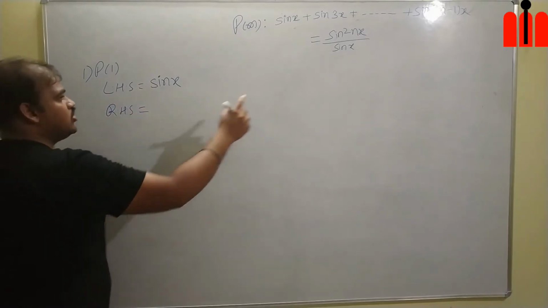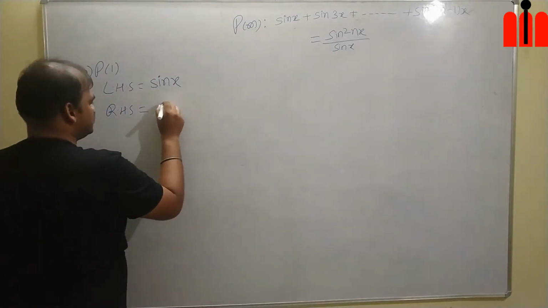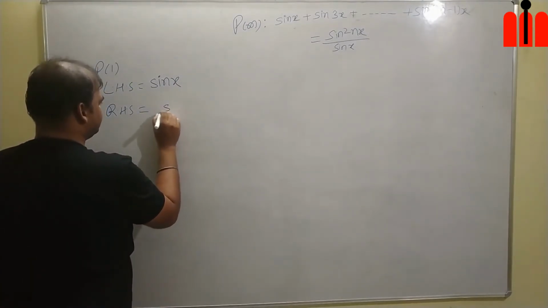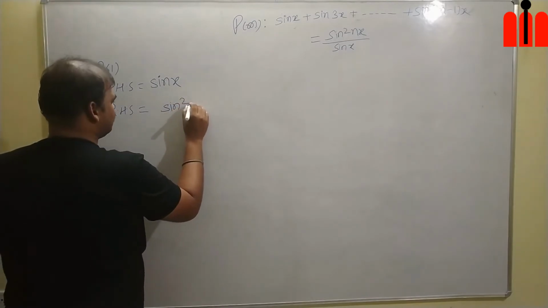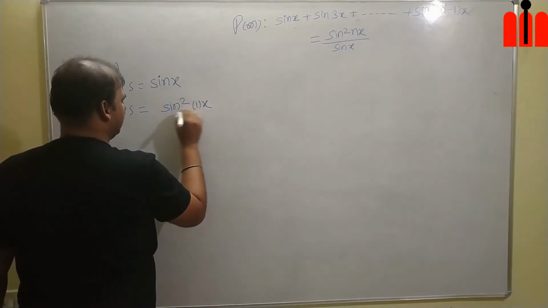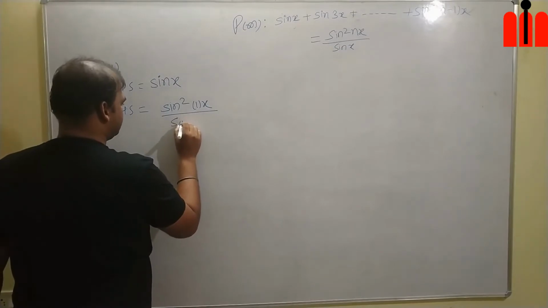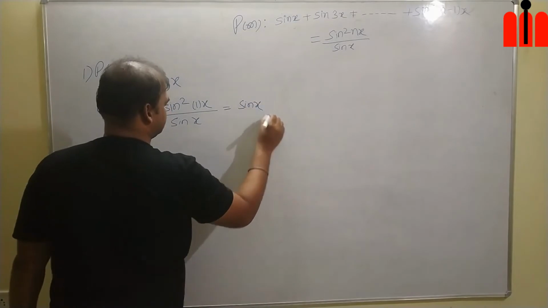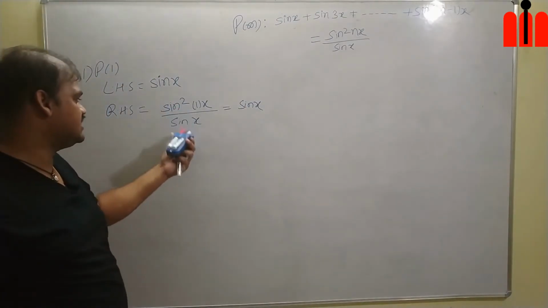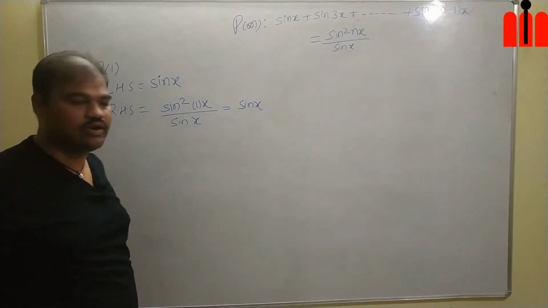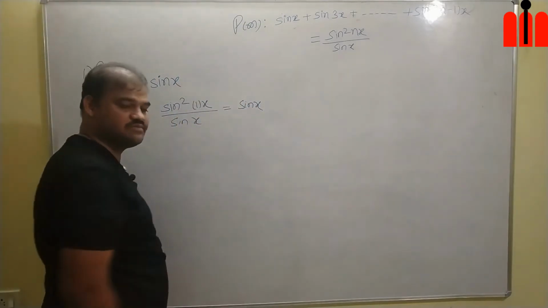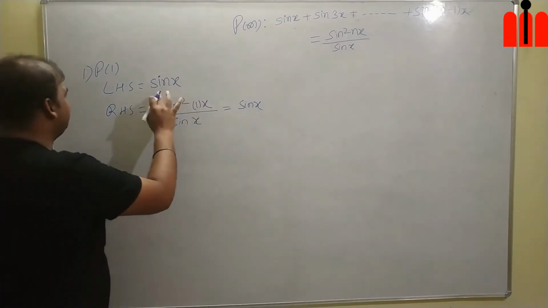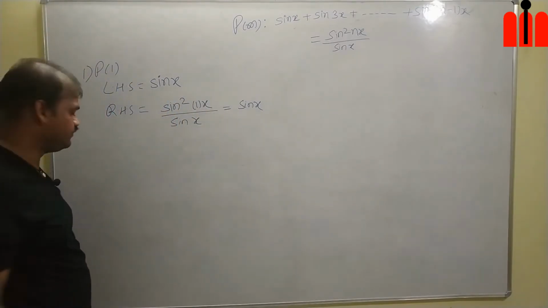You have to substitute n with 1, so it will be sine square 1x by sine x. This will be sine x, since sine square x by sine x is sine x. So my LHS and RHS are both the same. That's why P1 is true.